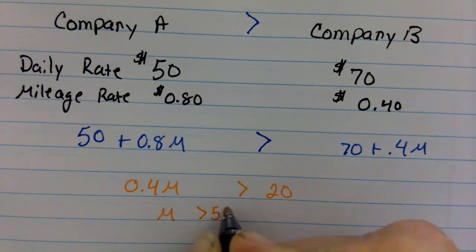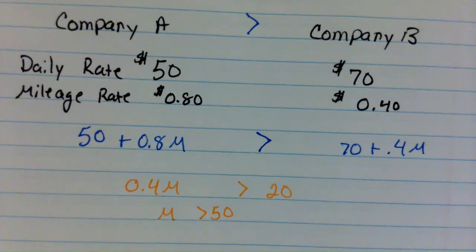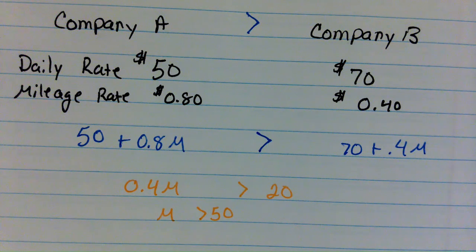So if you're going to rent this car and you're going to drive more than 50 miles, you should choose company B. Just because company A had the better daily rate doesn't mean company A is the best option for you. Now, if you're going to stick around in town and you're only going to go like 20 miles and you just don't want to use an Uber, well, then obviously company A is what you're going to go with. But once you hit 50 miles, company B is the better choice.